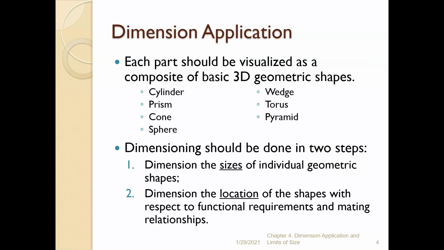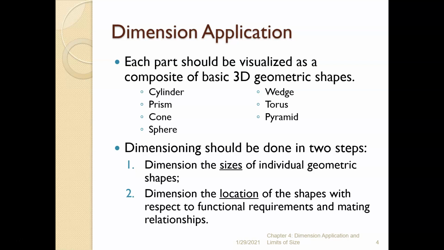And we talked about this in the last chapter. We can break any part down into its geometric primitive shapes, right? And these are features of size: cylinders, prisms, cones, spheres, wedges, toruses, which are donut shapes, and pyramids.